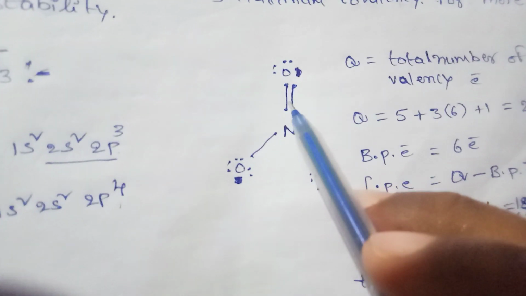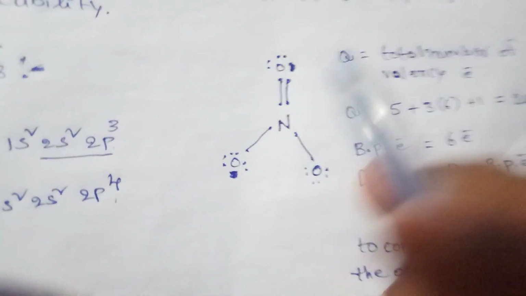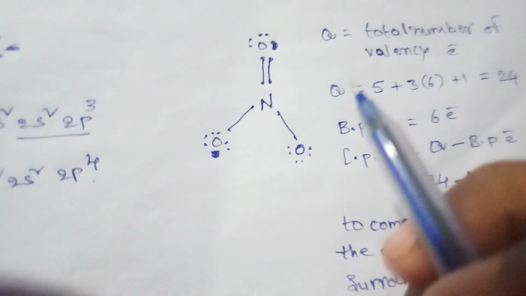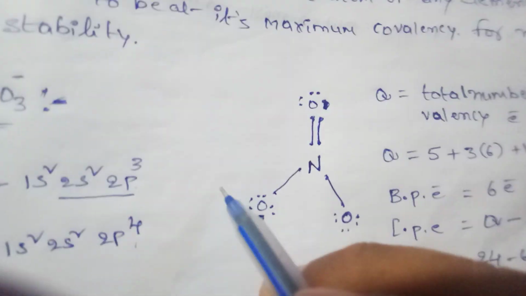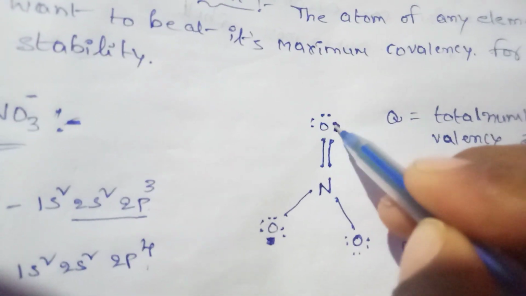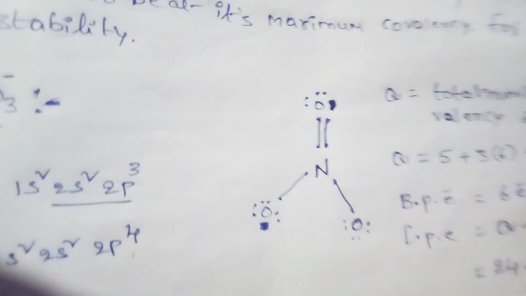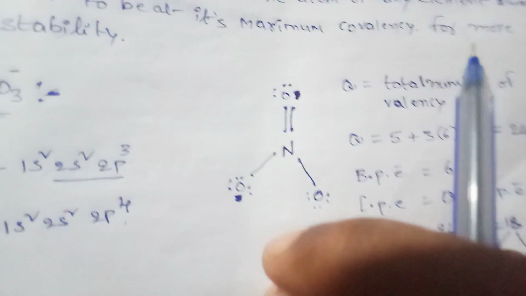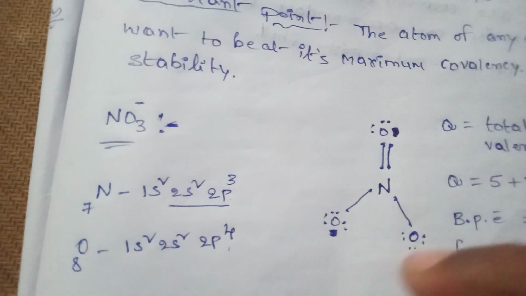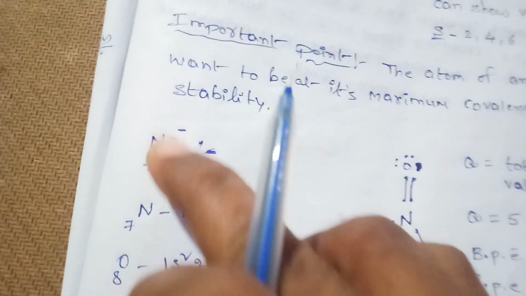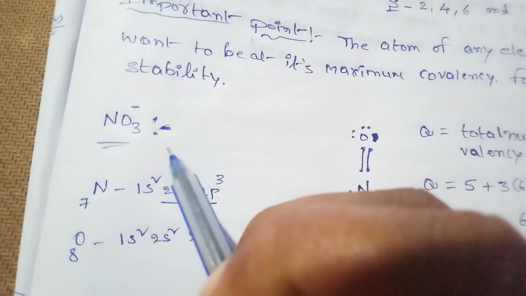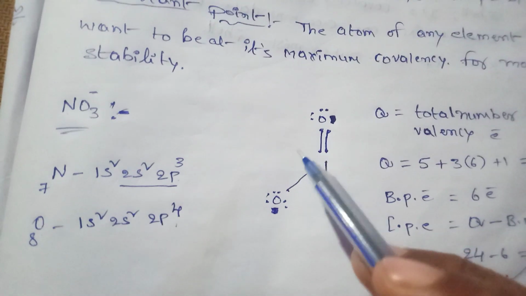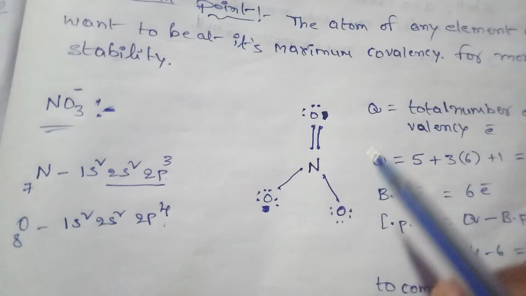I already said 4 bonds means how many electrons? 8 electrons, each bond contains 2 electrons. The octet of each oxygen is completed. If we observe carefully, this is the structure, but above the compound, a 1 minus charge is there. So to which atom do we have to give this negative sign? We will go through that.